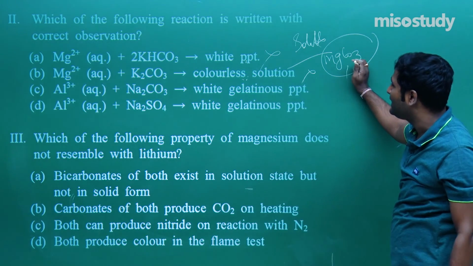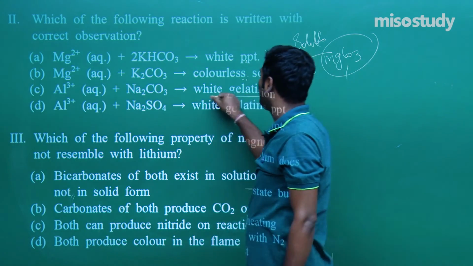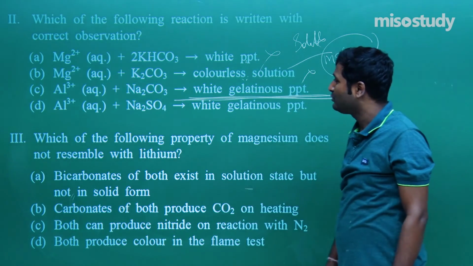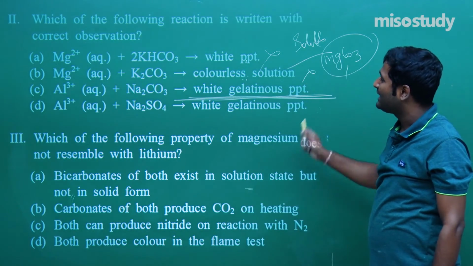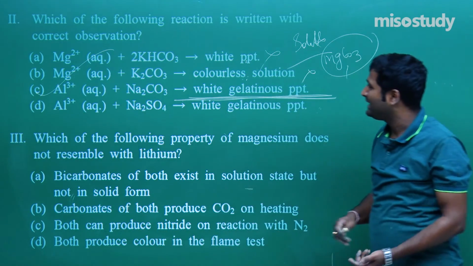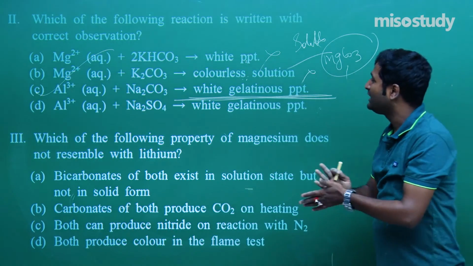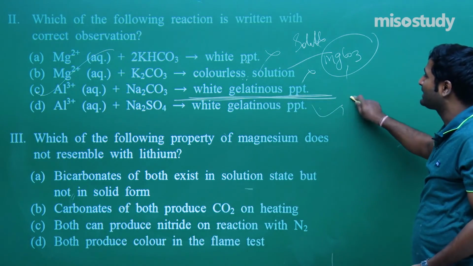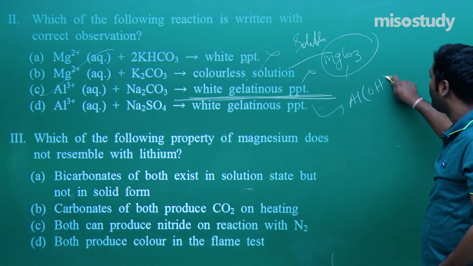Al3+ with Na2CO3, yes, this forms a white gelatinous ppt. Clear to you? So in this case, what is the correct observation? Al3+ with Na2CO3 forms a white gelatinous product, the final product here being Al(OH)3.